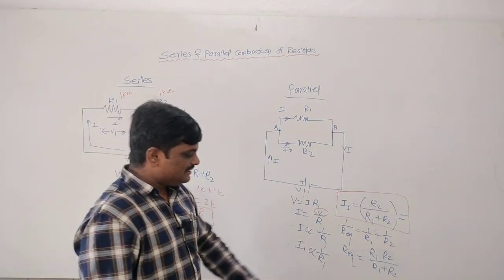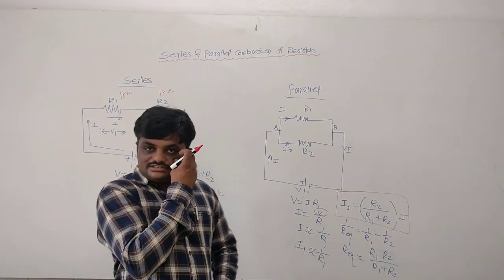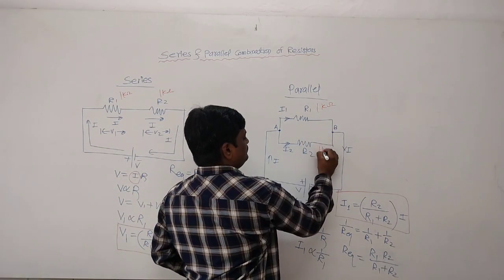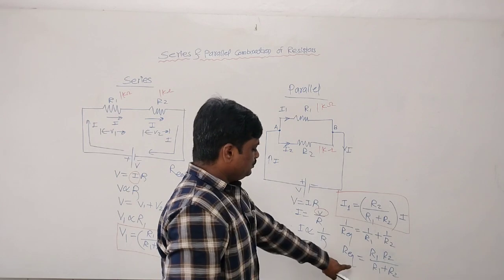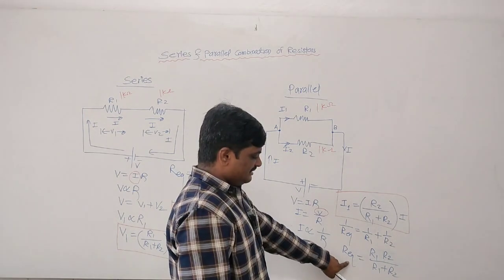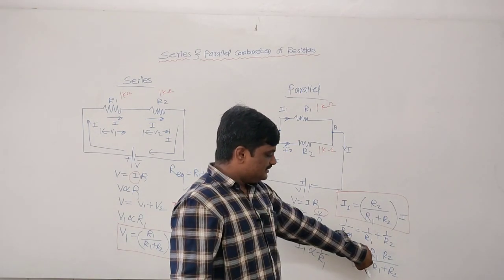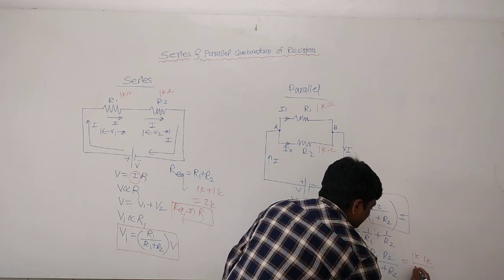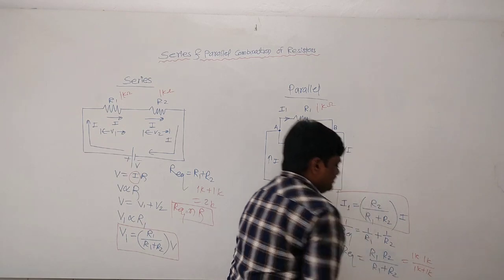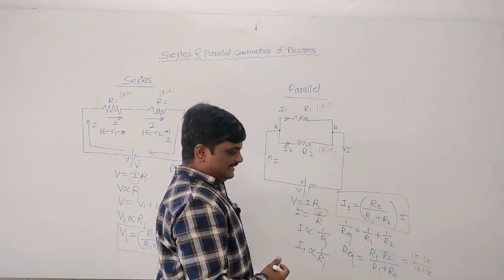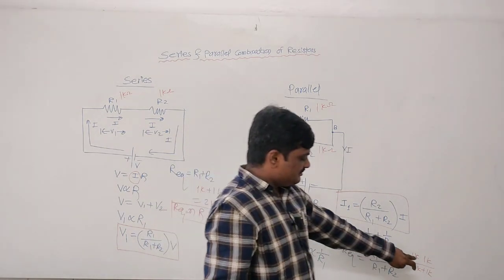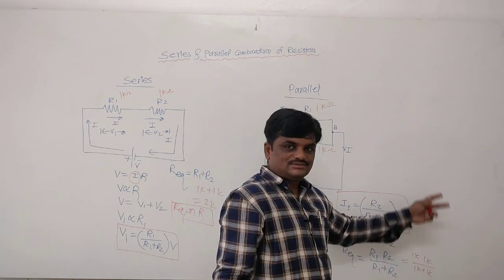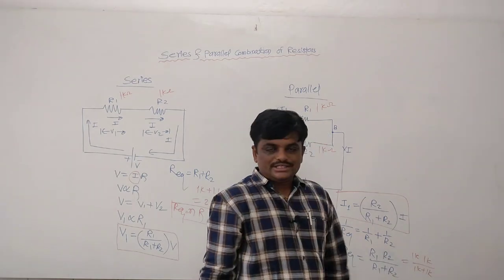Now let us consider the parallel combination. In parallel combination, let us consider each resistor is 1 kilo ohm. If I put this value in the equivalent resistance, 1 kilo ohm multiplied by 1 kilo ohm divided by 1k plus 1k. So 1k plus 1k is 2k, and 1k multiplied by 1k is 10 raised to 3 into 10 raised to 3, that is 10 raised to 6, divided by 2k.